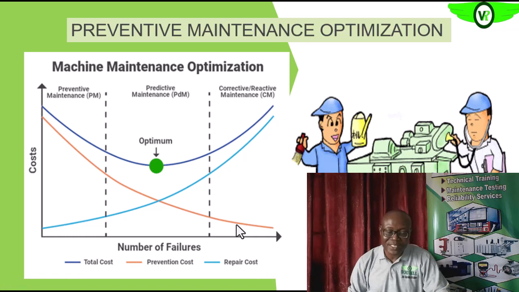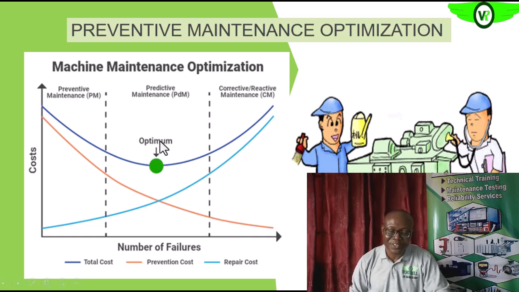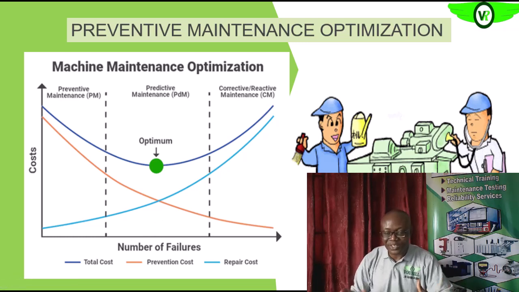So an optimized maintenance program strives to attain this sweet spot where the total cost of maintenance is as low as possible, while you are maintaining the reliability or reducing the number of failures of your system, so that your revenue will also increase.